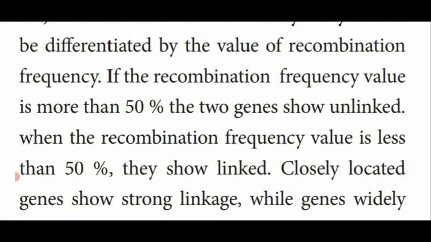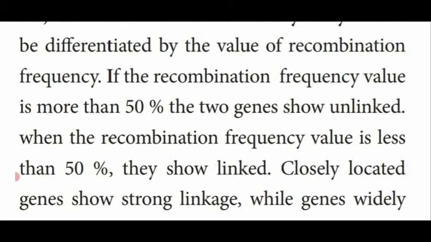For example, in the dihybrid cross, in the F2 generation, we got 16 gametes. Out of 16 gametes, how many newly formed recombinants are produced? That is the number of recombinants divided by total number of offspring, for example, into 100. That is the formula to calculate the recombination frequency.